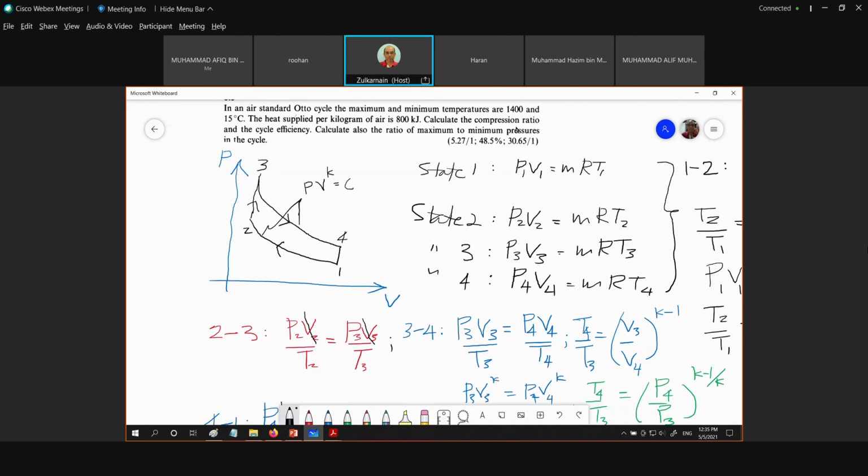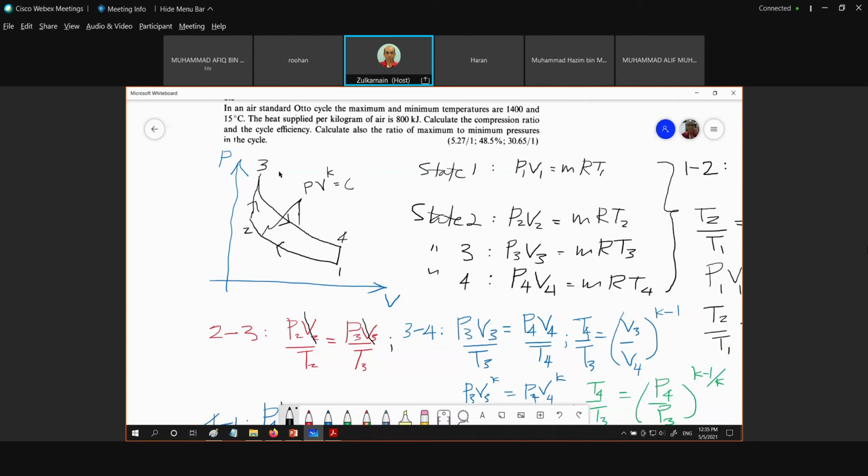Where should the maximum temperature be in our PV diagram? 3. Yeah, why 3? Because higher pressure means more energy and temperature, and because state 3 is the state whereby we just supplied the heat.